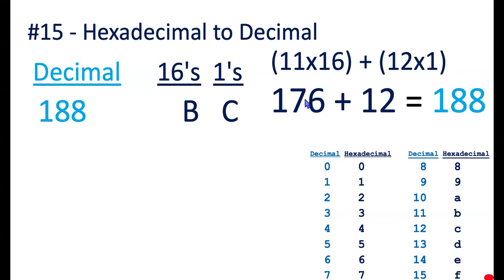That's 176. How many ones do I have? Let's find that. C is equivalent to 12 in decimal. So let's do 12 ones, which is 12. The 176 plus 12, 188. Okay. Don't let it throw you off. Just look at it step by step. How many ones? How many 16s?